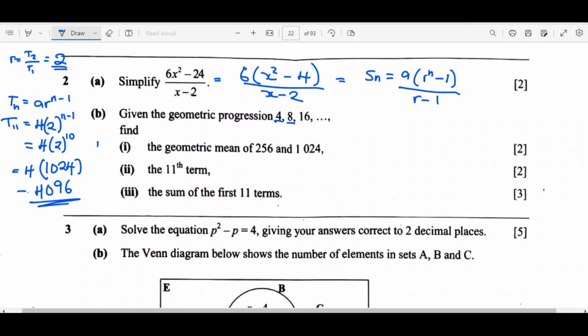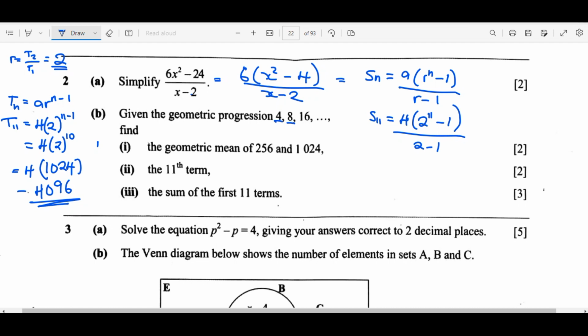So we know that the sum of the first 11 is equal to, this is the first term, which is 4, and then r, the common ratio, which is 2 to the power 11 minus 1, you close, over r, that is 2 minus 1. So in this case, you're going to work out what is in the brackets.